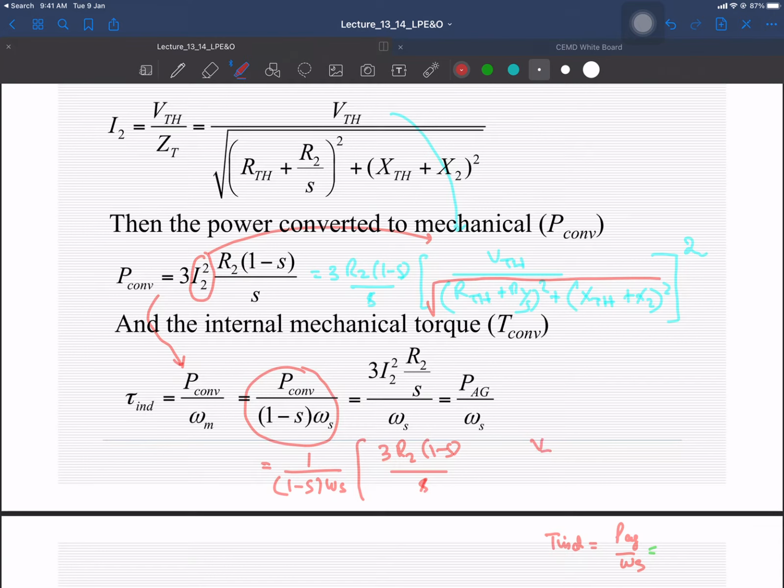into V Thevenin square, and because of the square root it will be cancelled out. So we can write it like that: R Thevenin plus R2 by S whole square plus X Thevenin plus X2 whole square, right? So over here 1 minus s will be cancelled out.